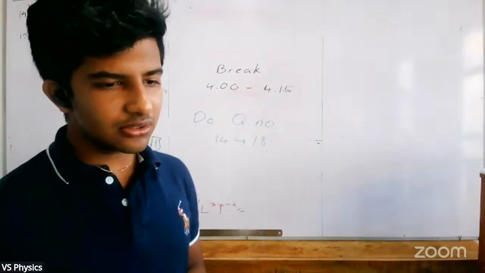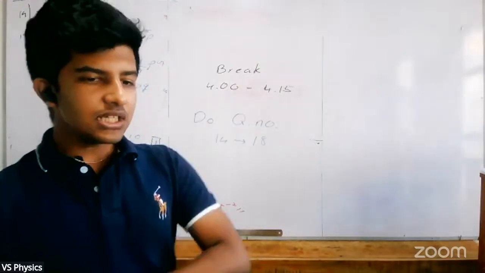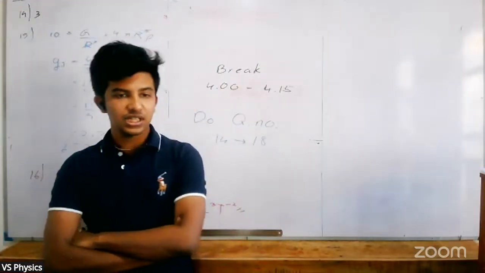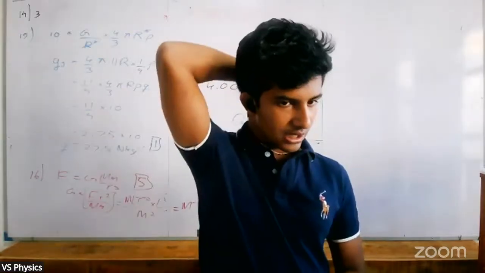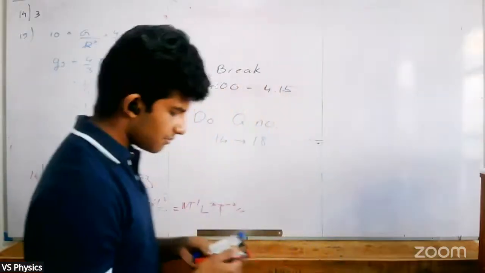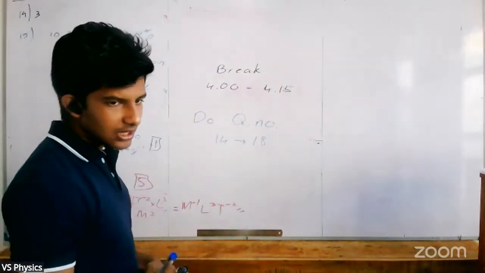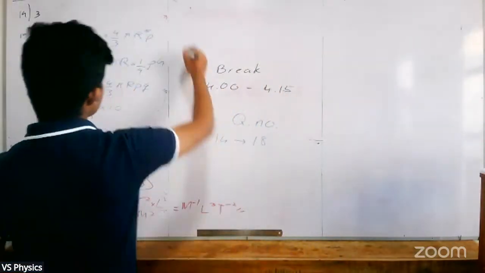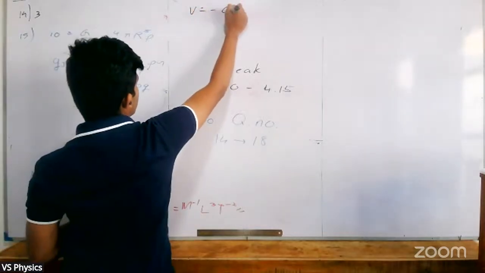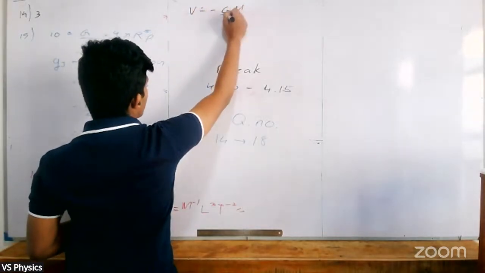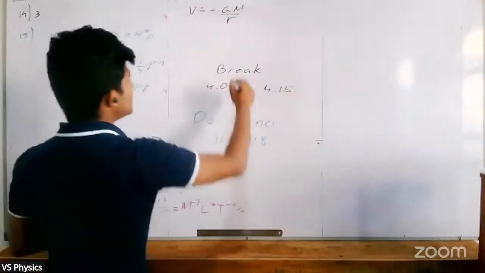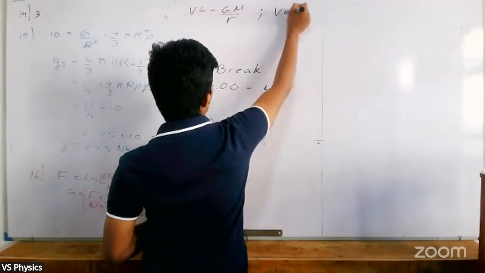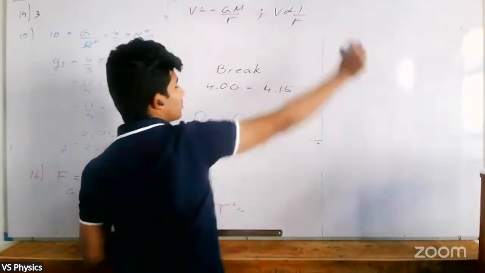Next, 17th question. Variation of gravitational potential V due to a point mass with the distance r is represented by. Now, what is the equation of gravitational potential? First of all, V equals minus GM over r. So V is proportional to minus 1 over r.